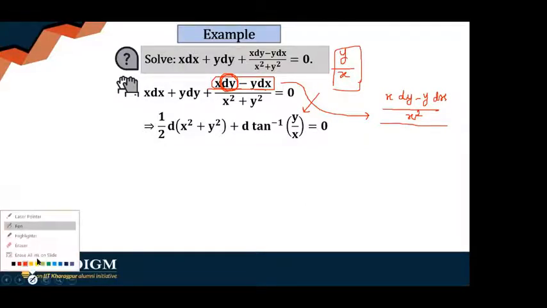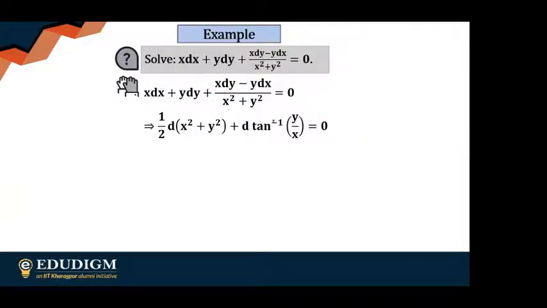Sometimes what happens is, try to look at one thing. How do I understand that this is d of this? The first thing that comes to my mind is, if you remember, this format is something that I'm absolutely familiar with. x dy minus y dx. You know that this comes from some sort of quotient. So what is the quotient?